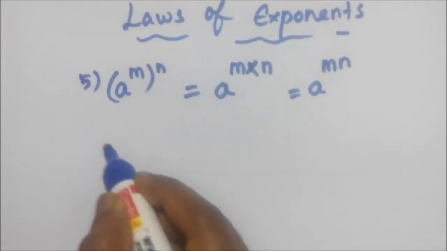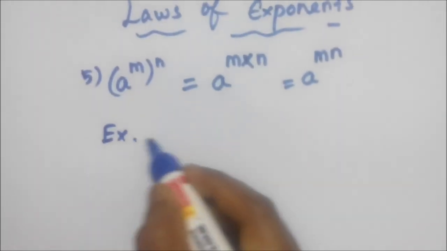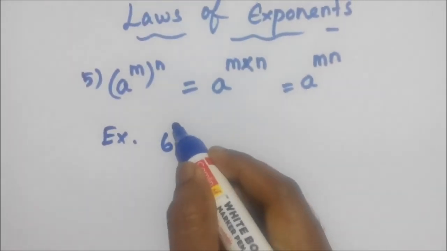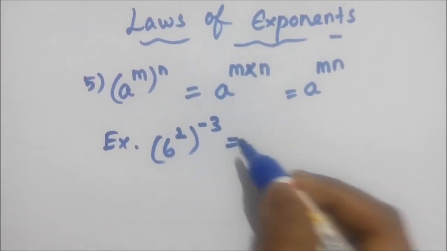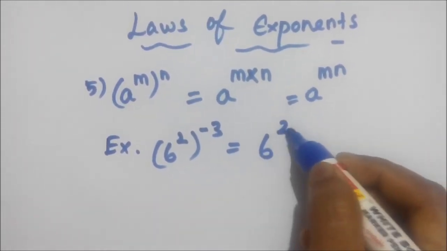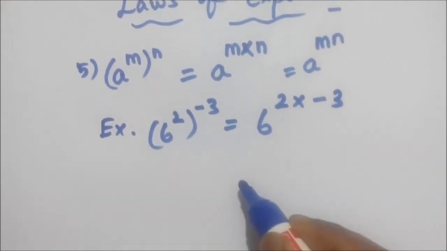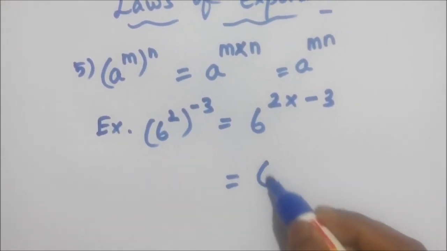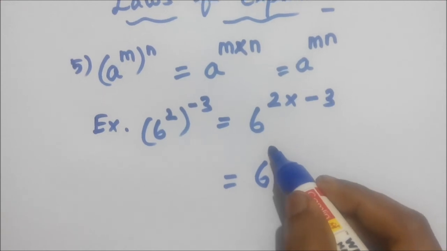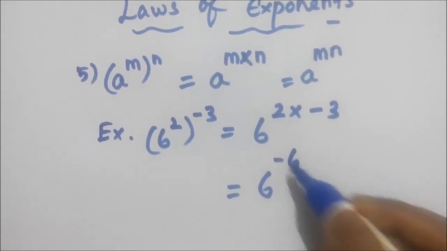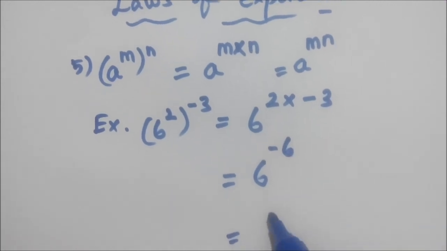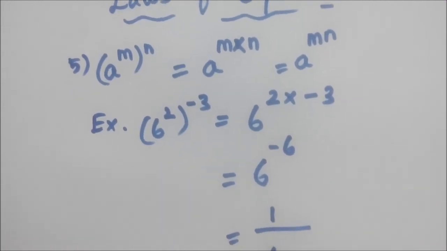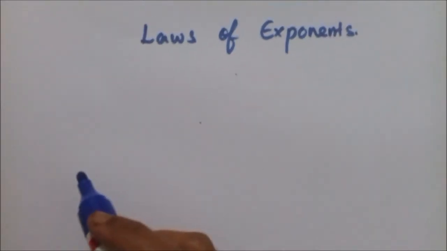Let's see one example. 6 raised to the power 2 and the whole power minus 3 is equal to 6 power 2 into minus 3. So 6 raised to the power, 2 threes are 6, and minus is there, so minus 6. This negative exponent we can write as 1 upon 6 raised to the power 6.